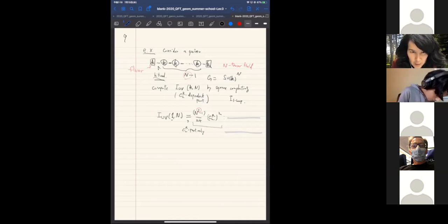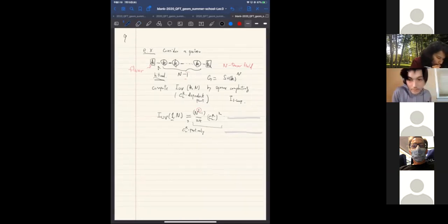Let me back up. So when there's a single node, n has to be 2. So yeah, this is n minus 1. Okay. So when there's n minus 1 nodes, and if we formally substitute k equals 1, then the answer should be this.